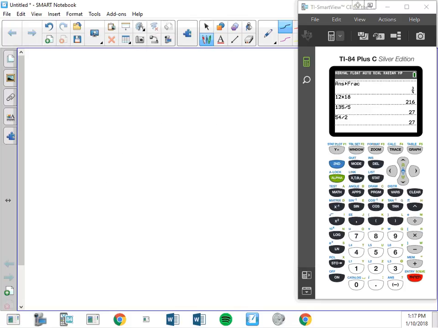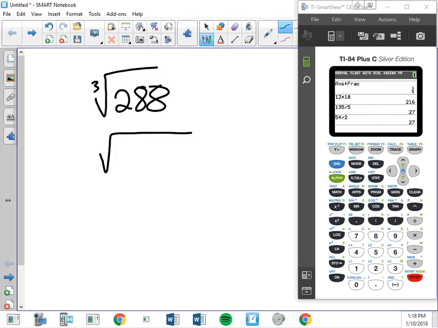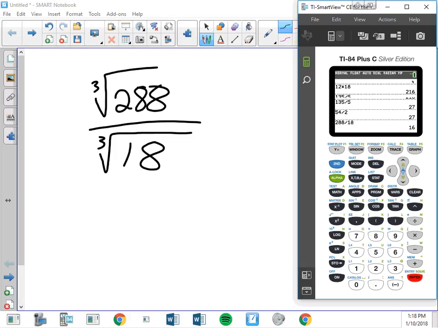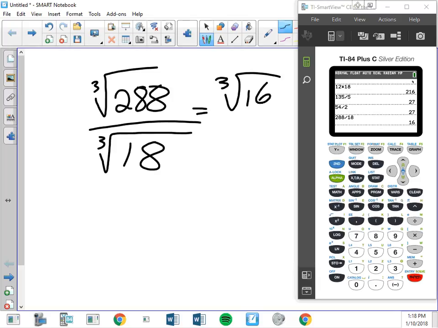All right, let's do the third root of 288 divided by the third root of 18. Let's hope this works. What should we do? 288 divided by 18, and we get 16. So this becomes the third root of 16.